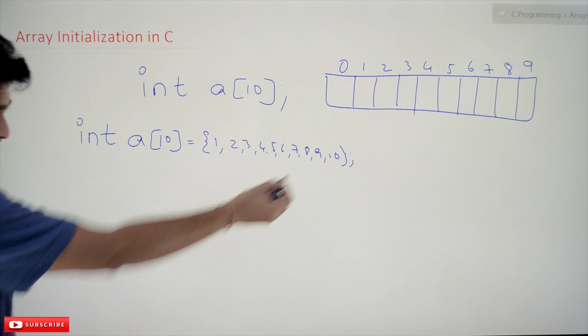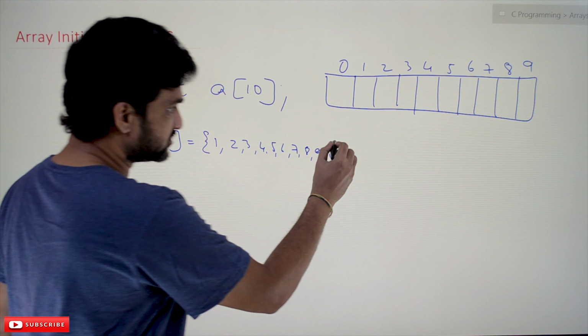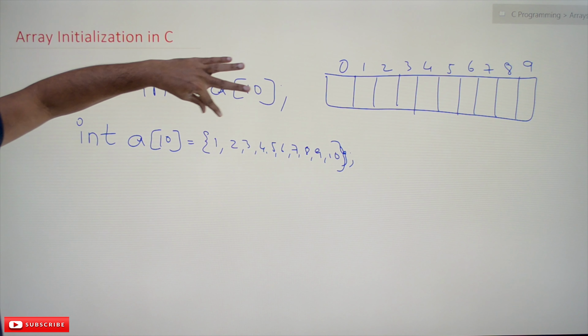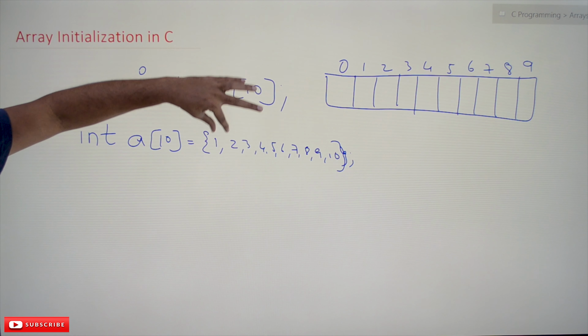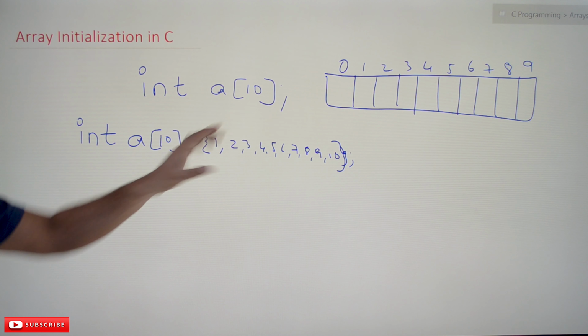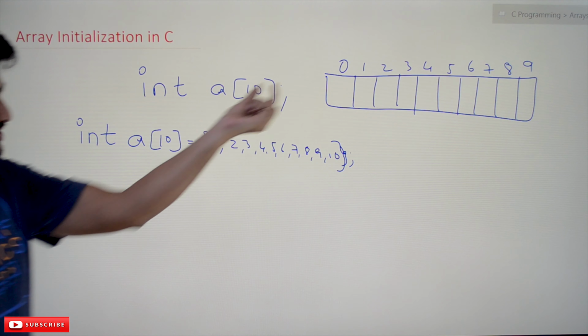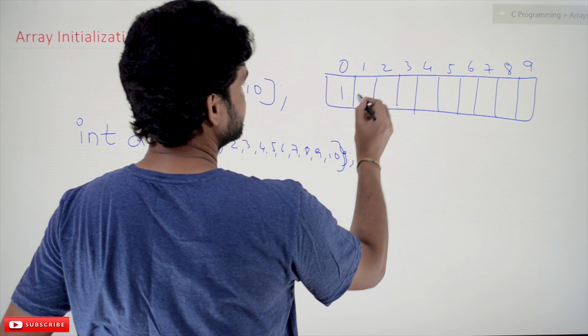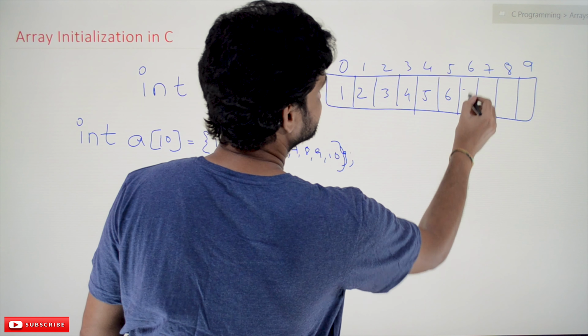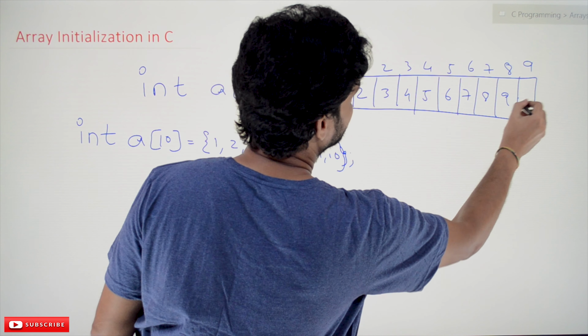With the execution of this line of code, with this closing curly brace, the 0th element is going to be 1, and then 2, 3, 4, 5, 6, 7, 8, 9 and 10.